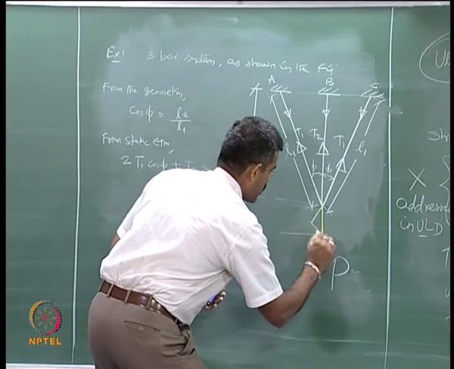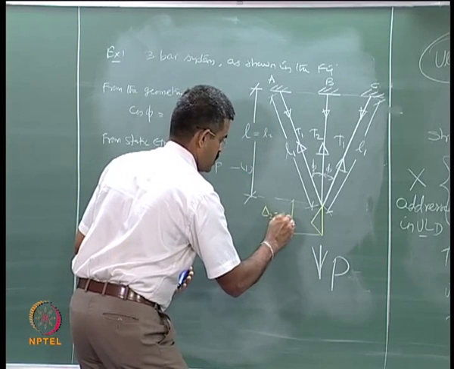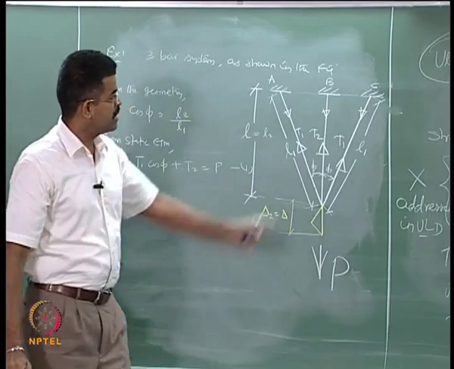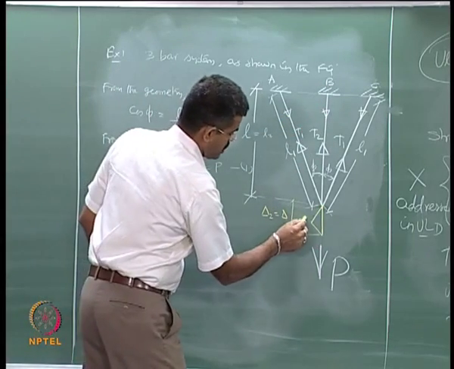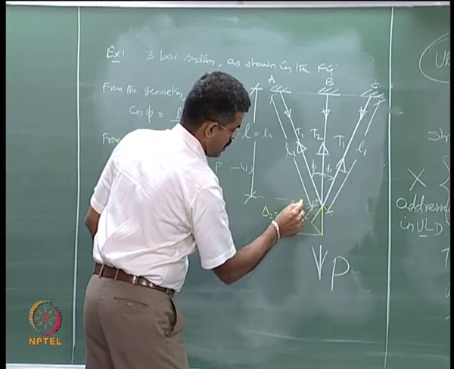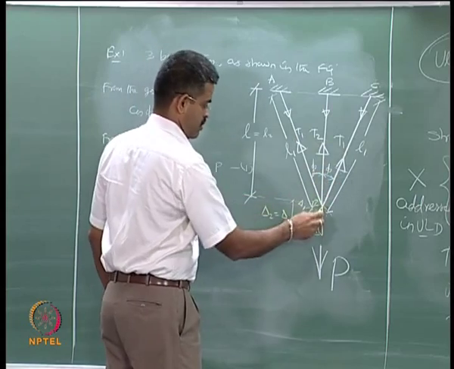I call this elongation delta 2, which is simply delta, that is the second bar. I call this elongation delta 1, which is the elongation of the first bar, same as this. You can do it the other way also.